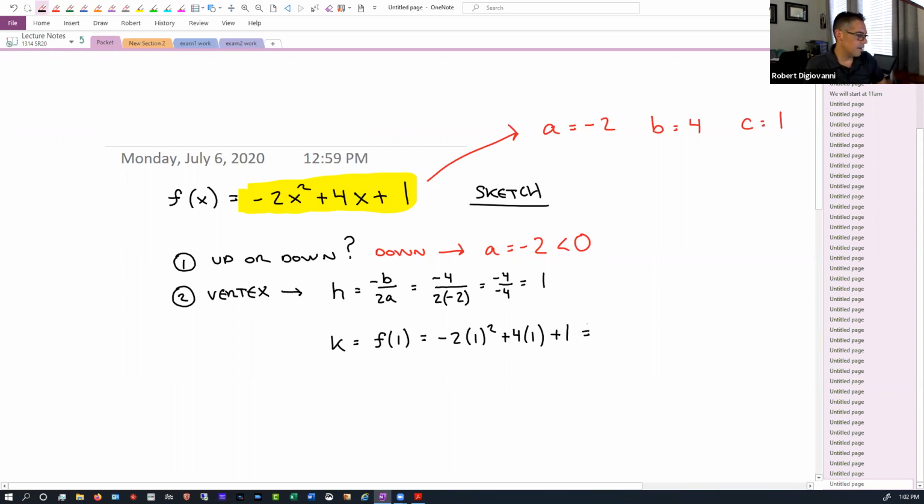We've got to be real careful here with order of operations. We're going to do the 1 squared first, which is just 1. And then we'll multiply that times -2. So we get -2 times 1 plus 4 times 1 plus 1. This is -2 plus 4 plus 1. We should get 3 here.